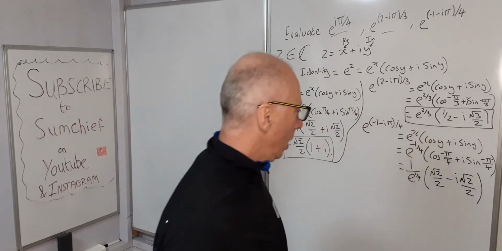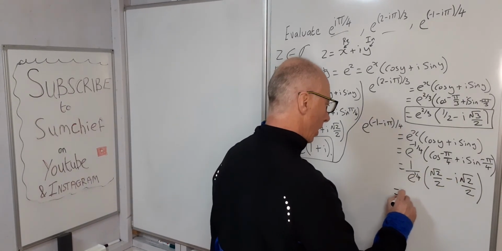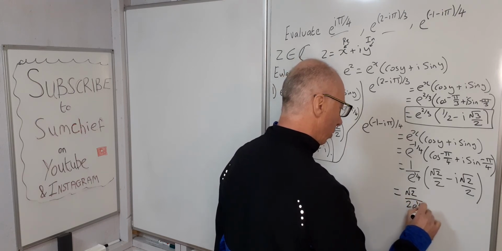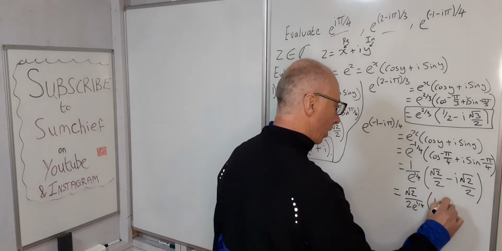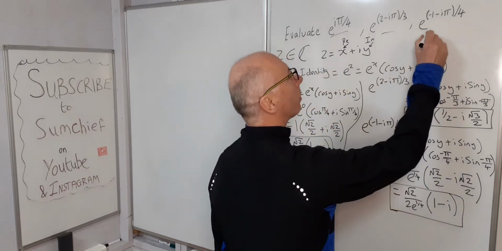Okay, and if we want to, we can bring out the root 2 over 2 to the front. So that equals root 2 over 2e to the quarter, 1 minus i. And that will give us our answer for this one.